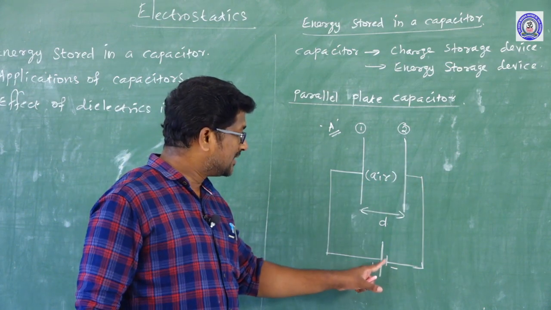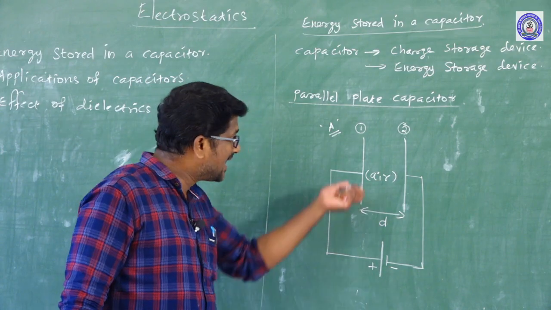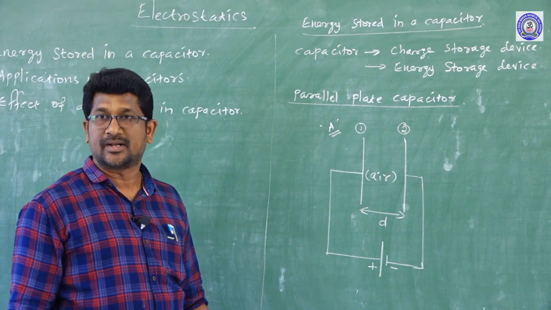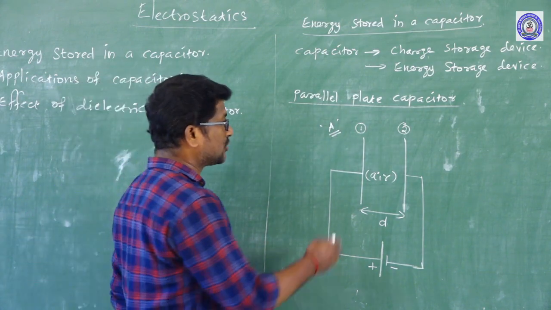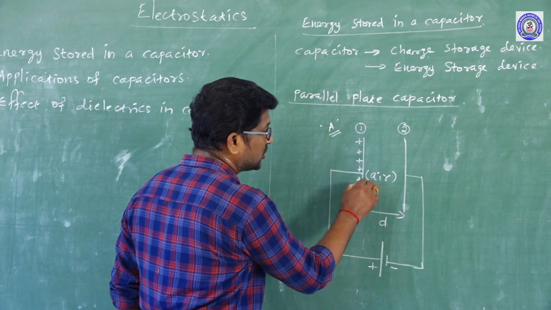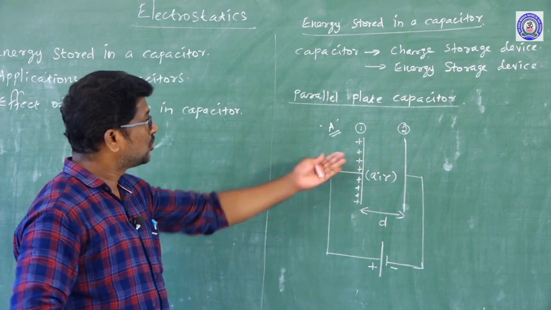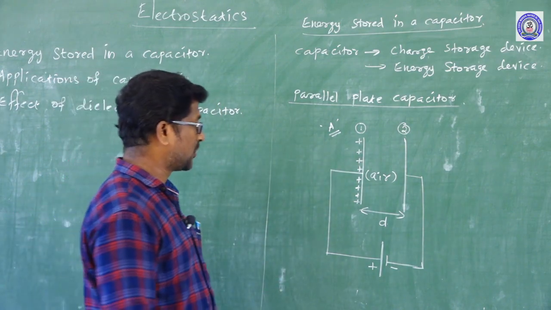The positive terminal attracts the electrons from the first plate, so the first plate acquires positive charge because it lost electrons.